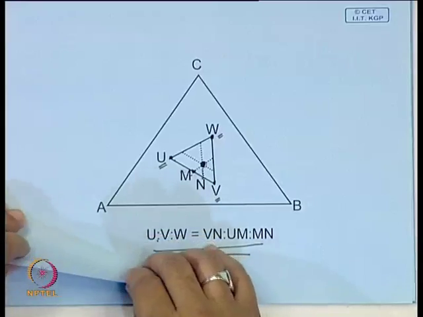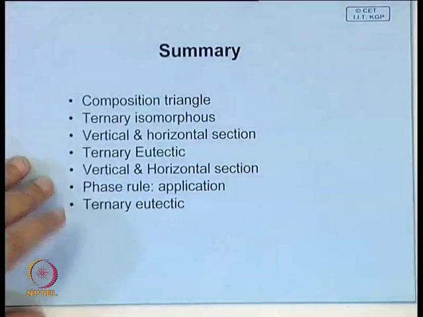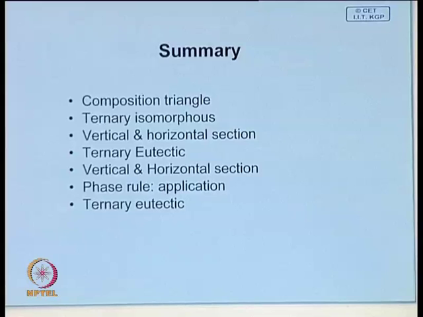With this, we now finish the case of equilibria in a multi-component system. We looked at the ternary system in detail, and higher order systems become much more complicated. With certain simplifying assumptions and assuming a solution model like the ideal solution model, it is possible to calculate the ternary eutectic temperature, and in a very specific system we did that calculation.